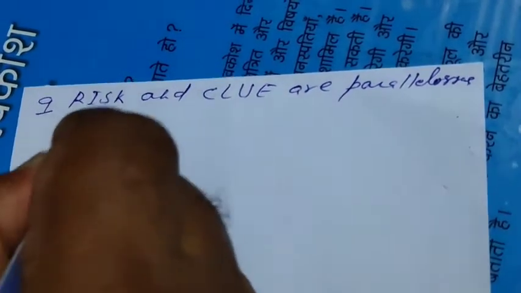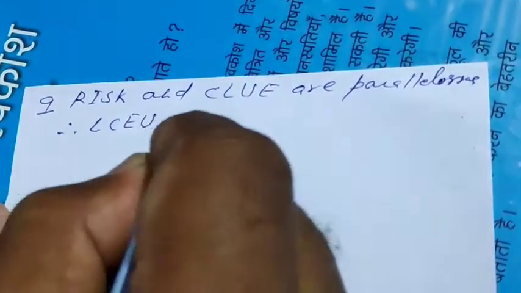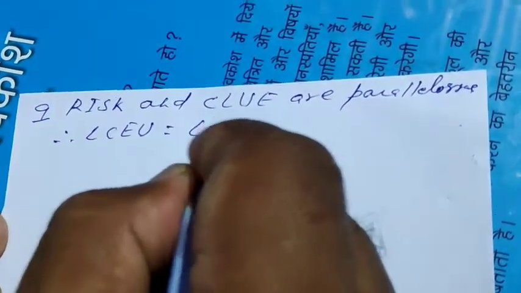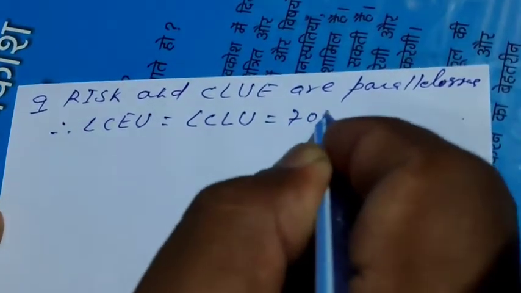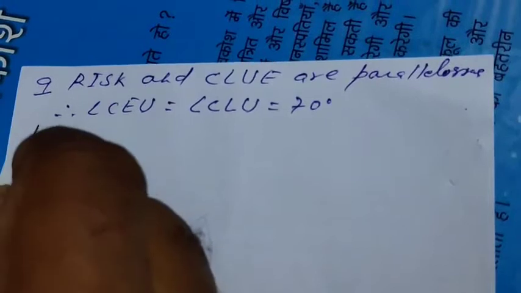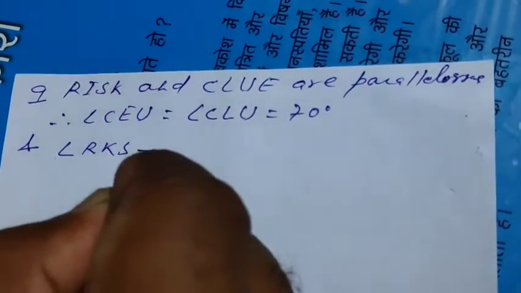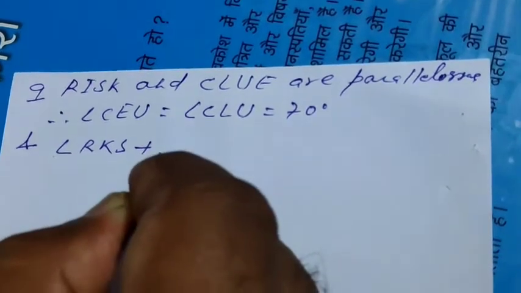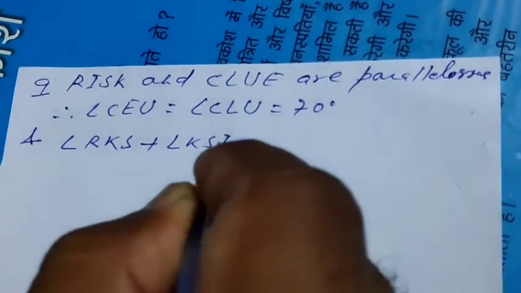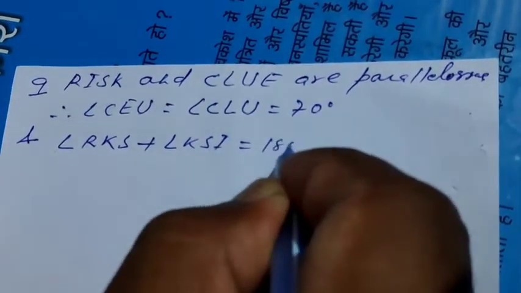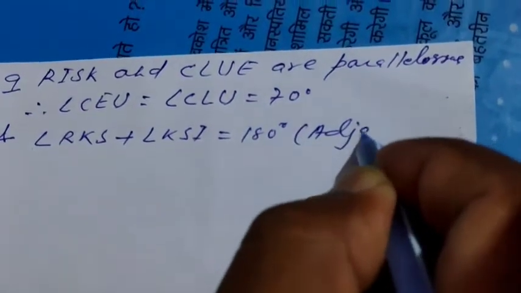Therefore, angle CEU equal to angle CLU equal to 70 degree. Angle RKS plus angle KSI equal to 180 degree, since both angles are adjacent angles.